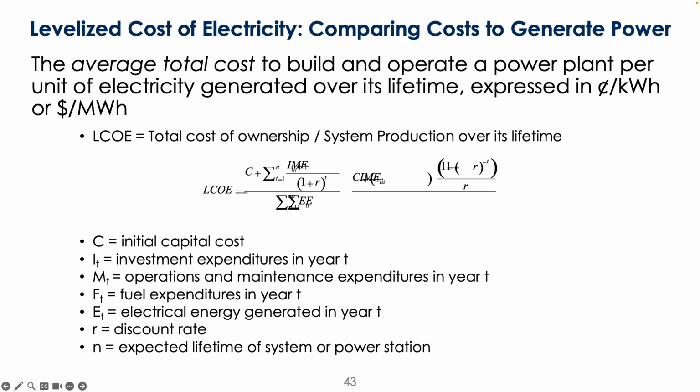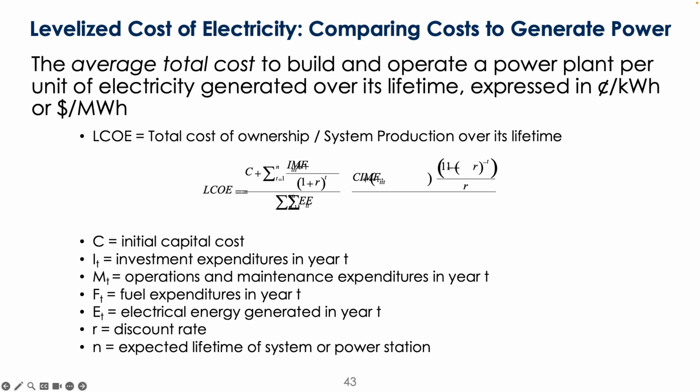Okay, that's all right. So basically, you add up all of the costs that we just talked about, so you have your fixed costs, and then you have all of your costs that are annualized from your fuel use, your operations and maintenance, and then we do essentially a net present value of all of that, and then divide it by the energy that's actually produced by that generator over its lifetime.